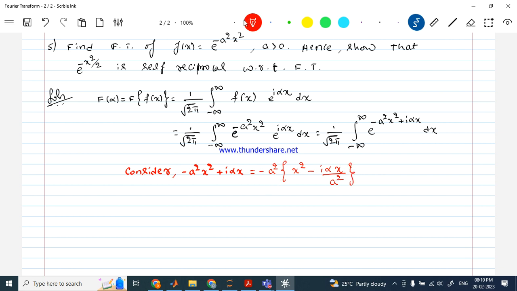As I mentioned, I want to bring a plus b whole square into the picture, or a minus b whole square this time. So a minus b whole square is given by a square minus 2ab plus b square. In this expression you are finding x in two places.